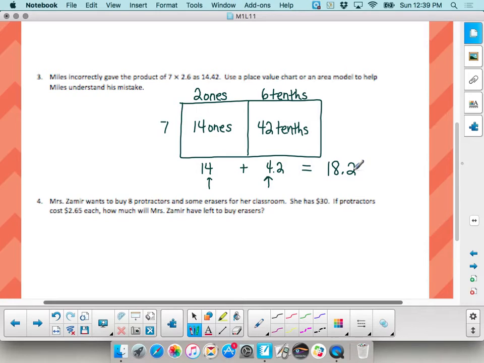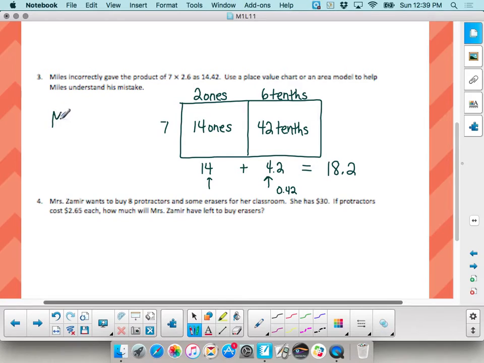Miles said the answer was 14 and 42 hundredths. What mistake did Miles make? Instead of changing 42 tenths to 4 decimal 2, Miles wrote it as 42 hundredths, which would have looked like this. And so he did not add anything to the ones place.